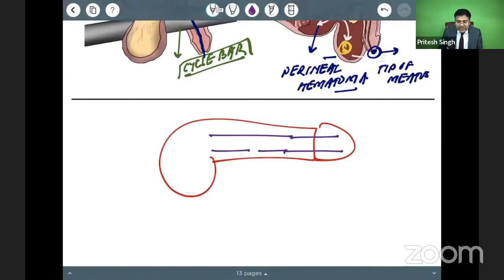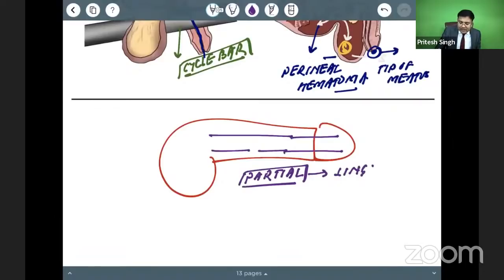If a partial tear is there, in that case, you can insert the Foley's, because over the Foley's catheter this partial tear is going to heal. The Foley's catheter is going to act as a stent. But there should be a single gentle attempt of catheterization. If you try to insert the catheter 2 to 3 times, there are chances that you will convert a partial tear into a complete tear. So I'm repeating, if there is a suspected partial tear, how many attempts?